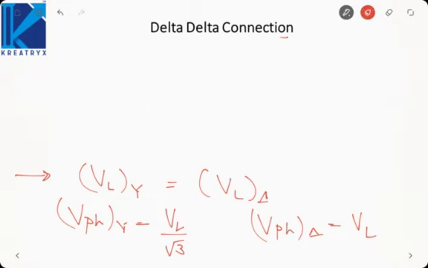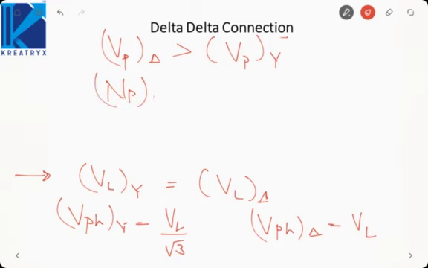Okay, that I can write down. V phase delta is greater than V phase star. That means N phase delta should be greater than N phase star. So delta delta connection requires more number of turns as compared to star star connection.